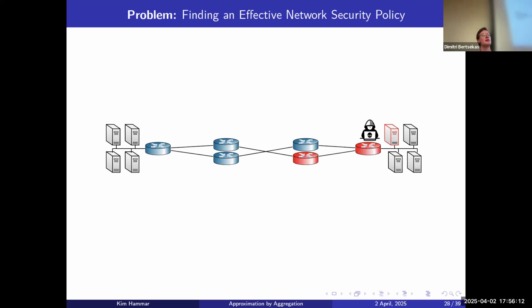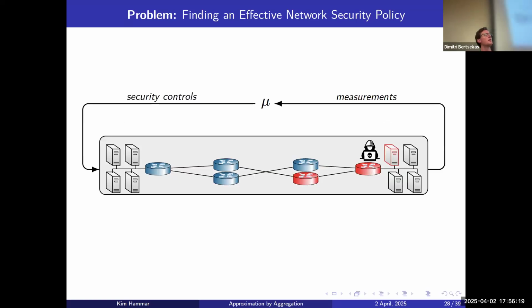And the problem is to find a security policy that uses measurement data from the system to prescribe effective security controls. And I will shortly explain more details what kind of controls we consider. But in general, it can be anything that you can do to reconfigure the system to prevent or mitigate an attack.